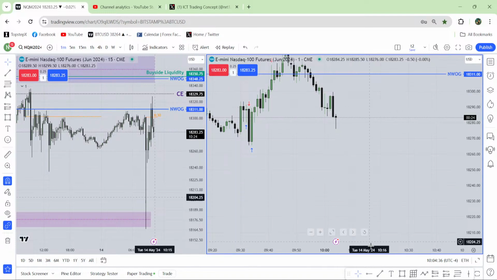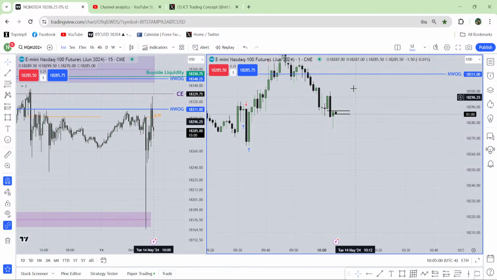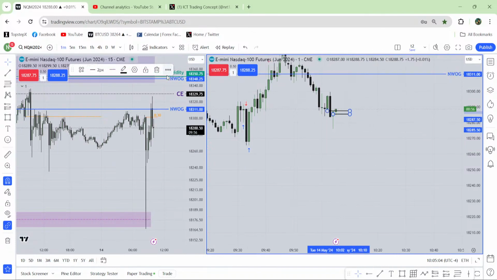If it can make a fair value gap, I will go for a sell from that fair value gap. All I need is immediate reaction. Highly risky. Okay, there is no fair value gap, so I'm not interested to take entry as there is no fair value gap.